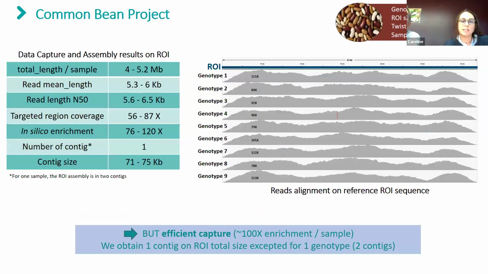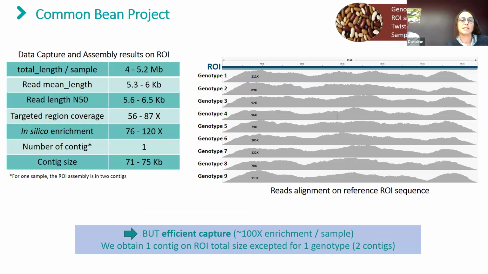From the raw sequencing data, we first extracted the reads mapping on the region of interest, and we recovered between 4 and 5.2 megabases for each sample, which corresponds to a 56 to 87x coverage.